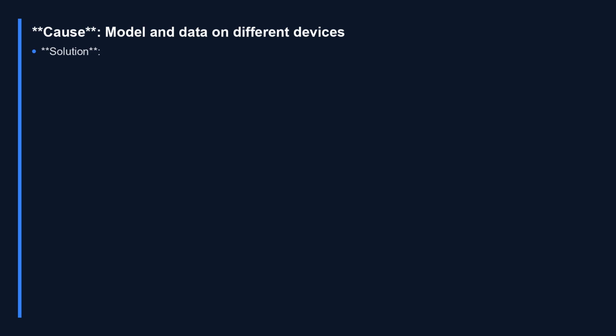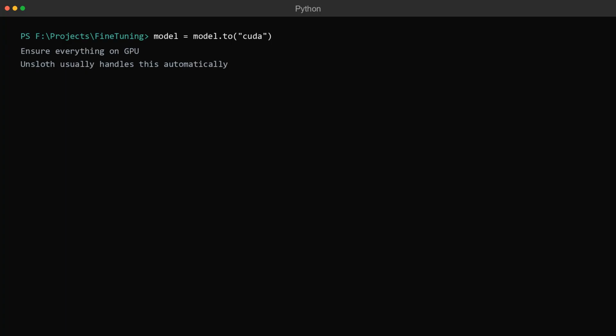A device mismatch error means part of your computation graph is on the CPU while the rest is on the GPU. Unsloth handles device placement automatically in most cases, but if you've manually manipulated the model or inputs outside the standard training loop, you can end up with this. The fix is straightforward. Calling model.to("cuda") moves all of the model's parameters and buffers onto the GPU.